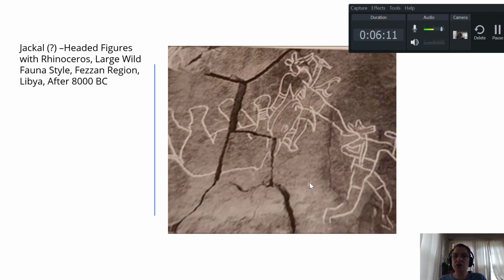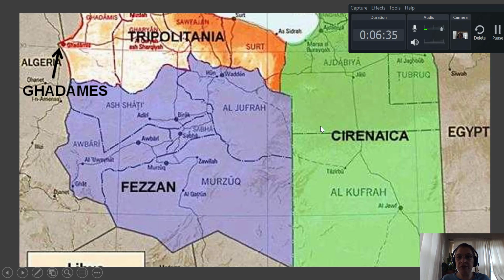Because in Egyptian art, there's a god that has a human body with a jackal head. We're not sure what kind of cultural relationship these two groups had, but we make the assumption that maybe they had some kind of cultural relationship and were possibly even in communication with each other.